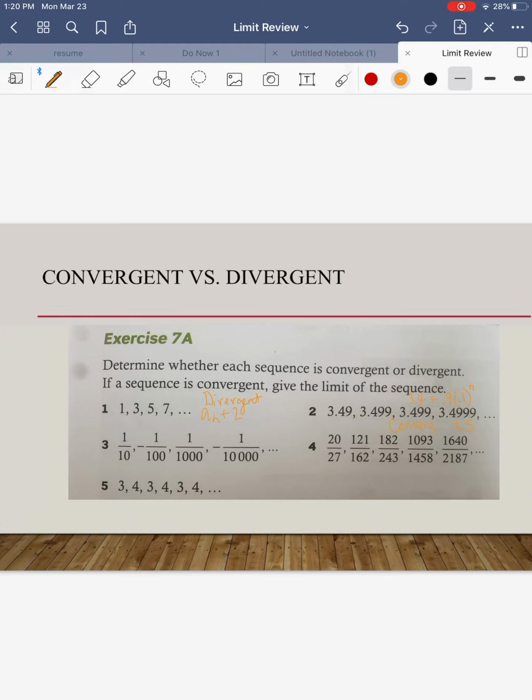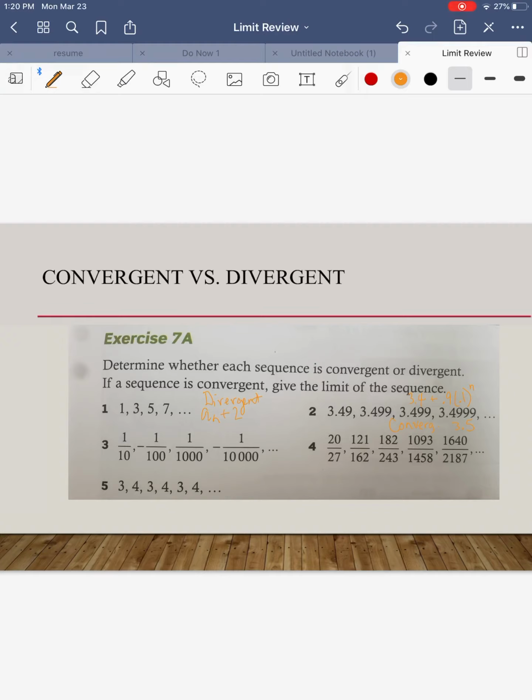Okay, let's go to 3. We're going 1/10, -1 over 100, 1 over 1,000, -1 over 10,000. So it's oscillating from positive to negative. So let's look at just the positives.